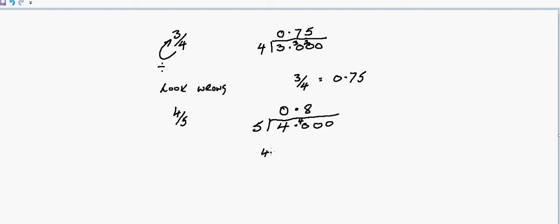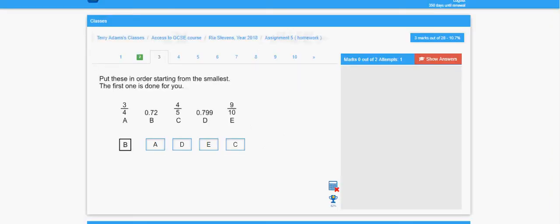So 4/5 is 0.8. So now you've converted all of these to decimals. Answering the question now really is a piece of cake. Okay, it really is a piece of cake.